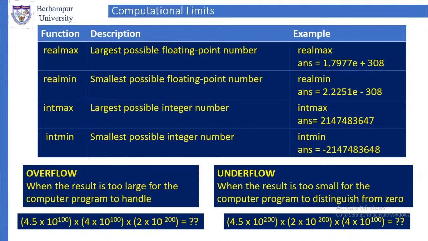intmax is integer max, the largest integer. intmin is the minimum integer. Now you can see here that in the number part, the last digit is 7 for intmax. Here for intmin it is 8.